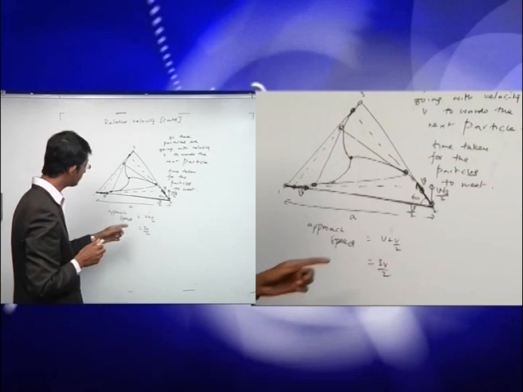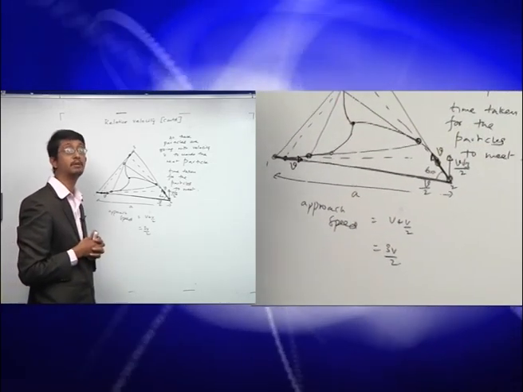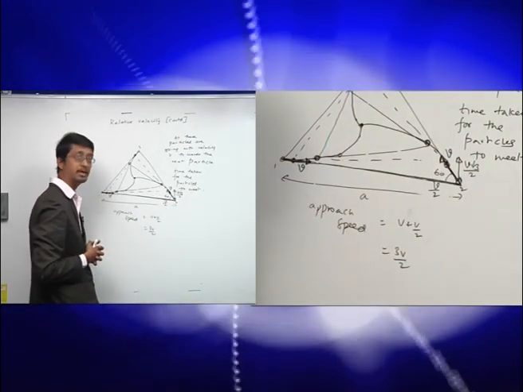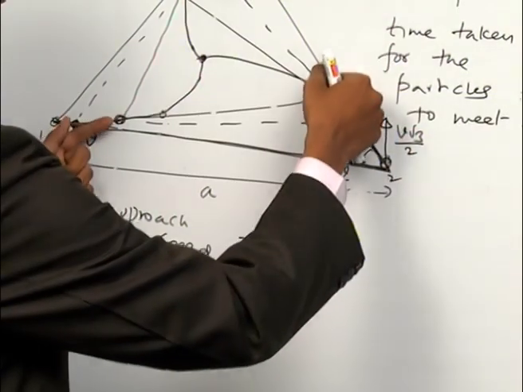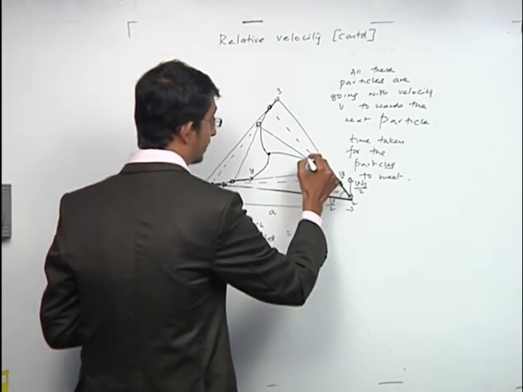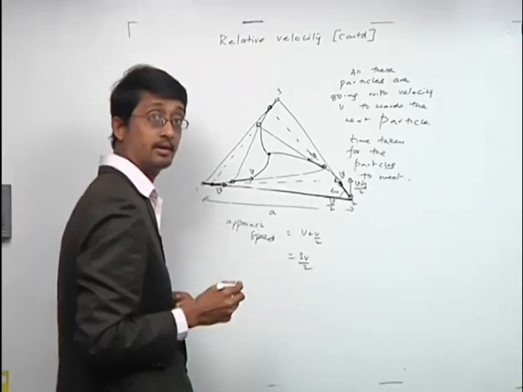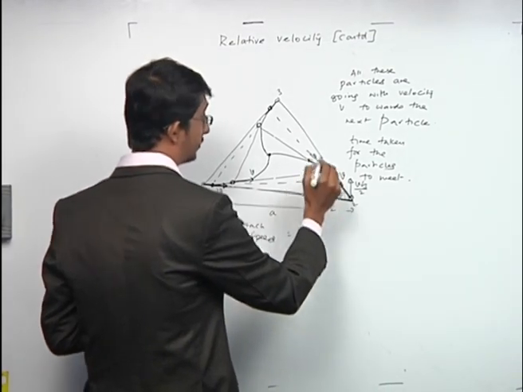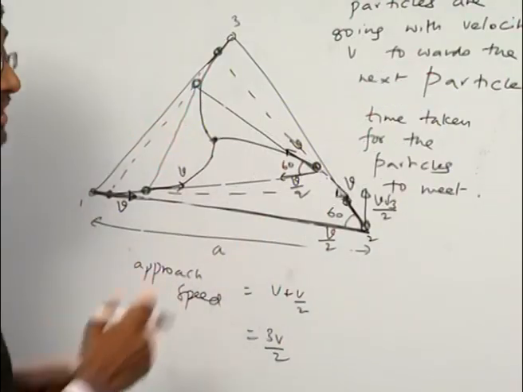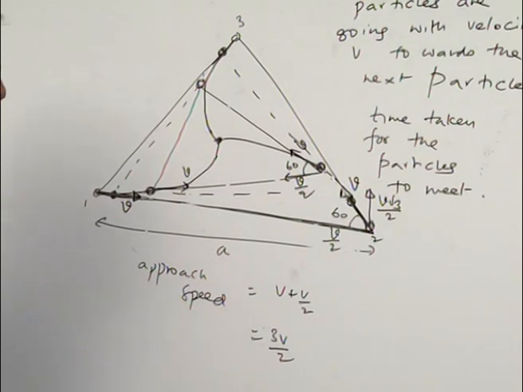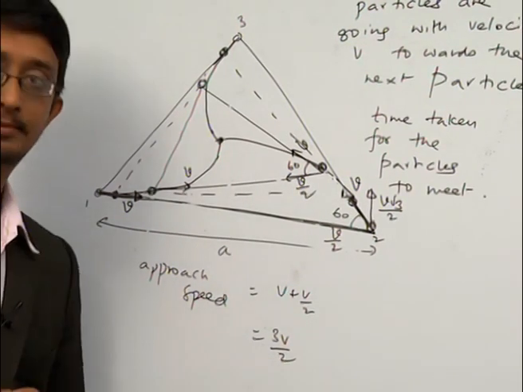Now this statement is true at every moment. Even in the initial moment, they are coming with 3v by 2. After some time also, they are coming with 3v by 2. Can you see that? This is going with speed v, that is going with speed v in that direction. So this component will again be v cos 60, which is v by 2. So they are again approaching with v plus v by 2. Again after some more time, they will be approaching with v plus v by 2. So they are coming closer, approaching with 3v by 2.